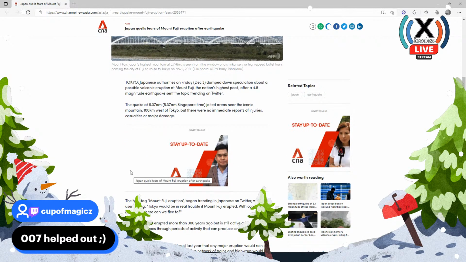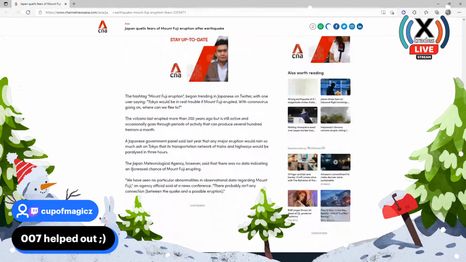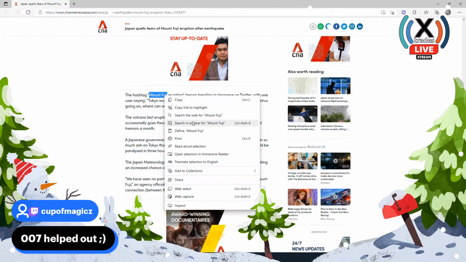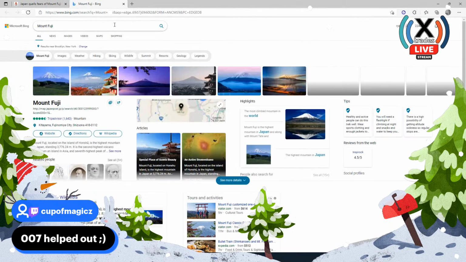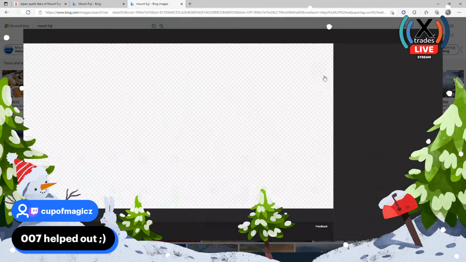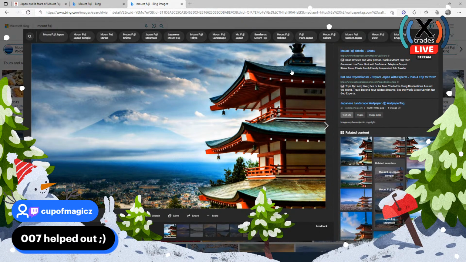Oh, 4.8 magnitude. Okay. What does this mean? I don't know. This is on the low list of keys though. I was expecting Mount Fuji to be in the headlines, but I had to look up Mount Fuji volcano news. So it's still on the down low. Nothing crazy yet. Wow, Mount Fuji looks really cool.